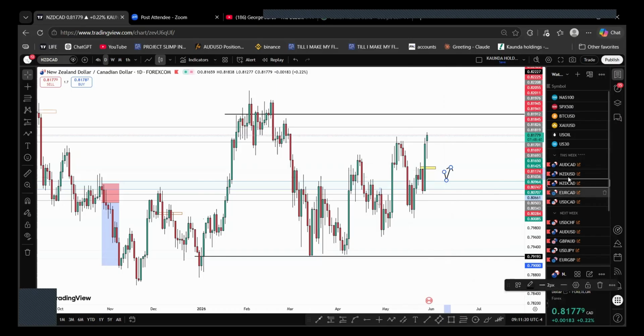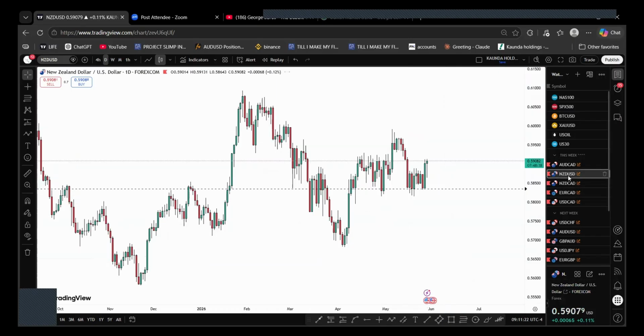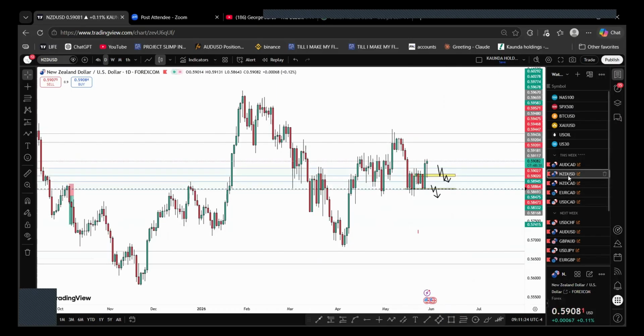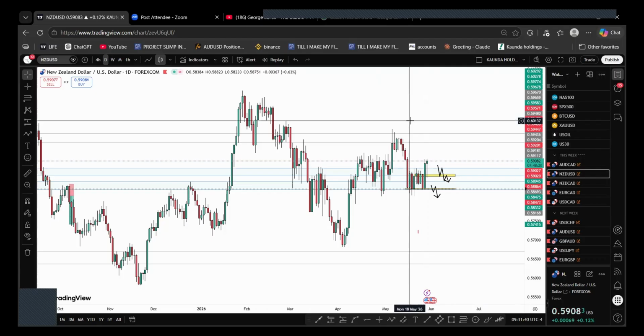So the only trade pairs that might give us some hope of taking a trade are either NZD USD or something else, but this was supposed to be bearish by now, and you can see price is turning this candle into a bullish candle.